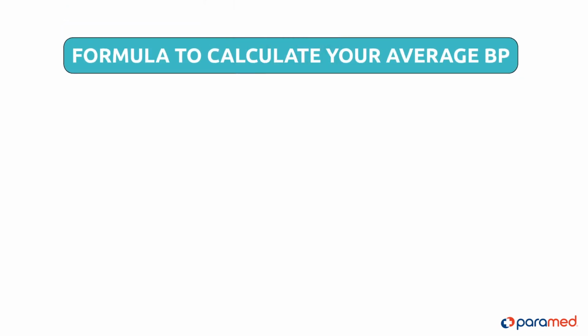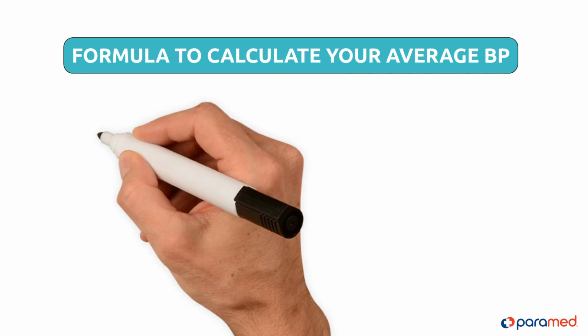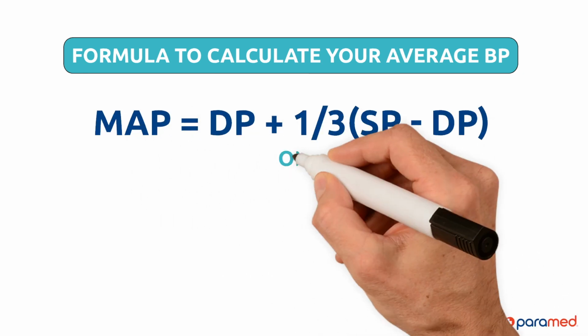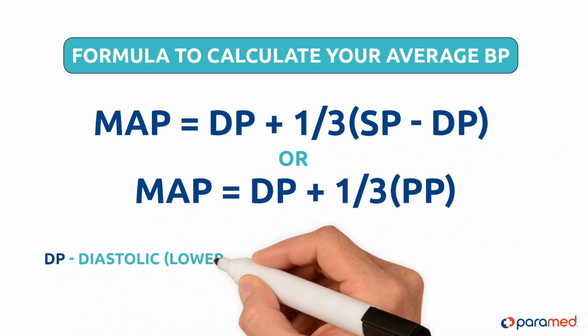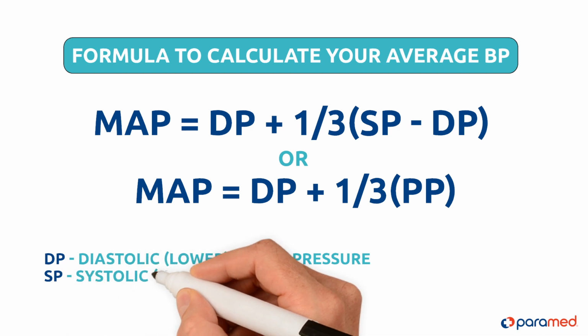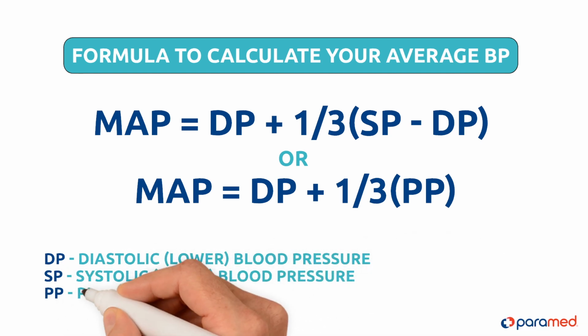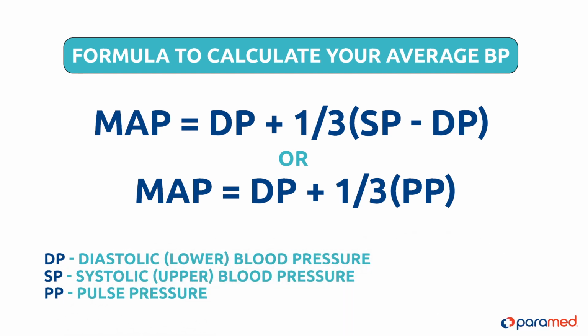To calculate your average blood pressure, you can use the formula, where dP is the diastolic blood pressure, SP is the systolic blood pressure, and PP is the pulse pressure. Now you need to add 1/3 of your pulse pressure to your lower pressure.